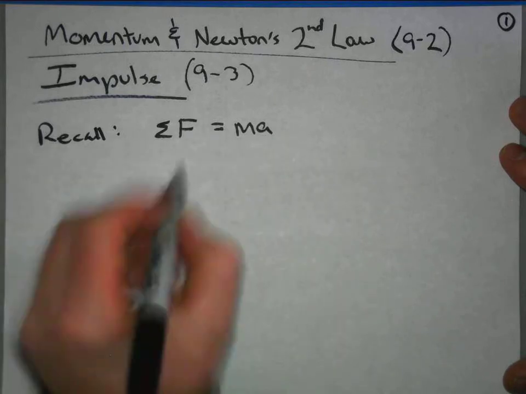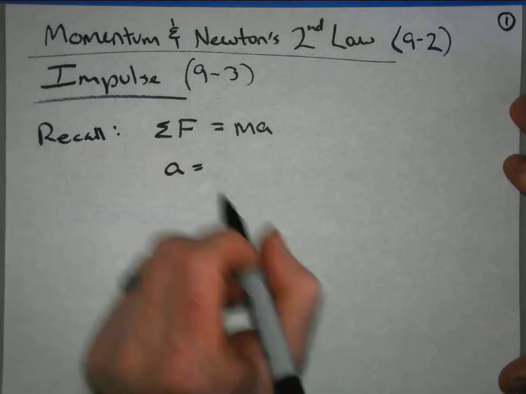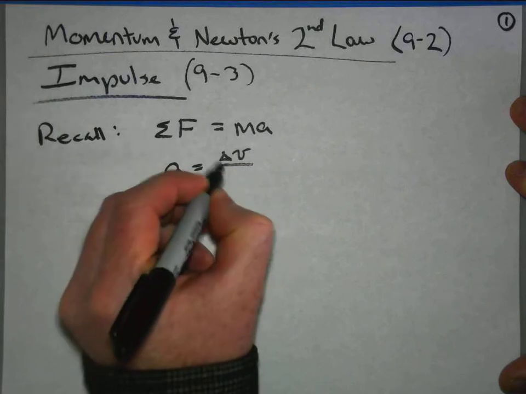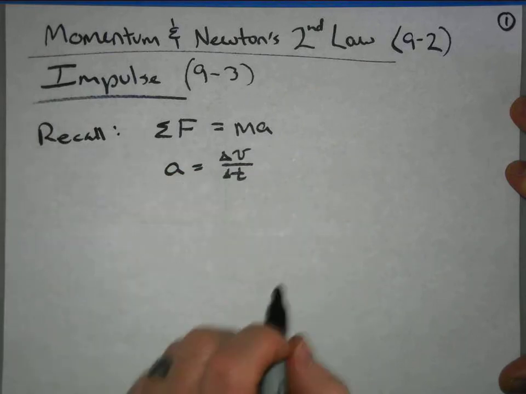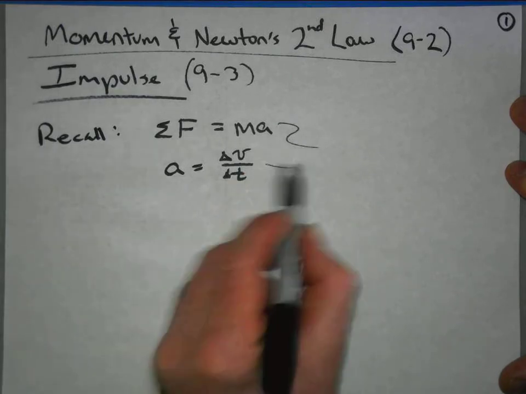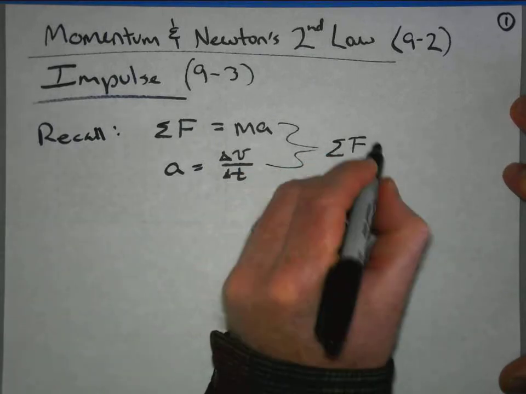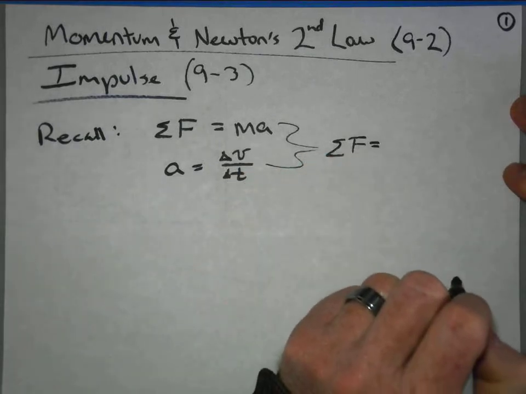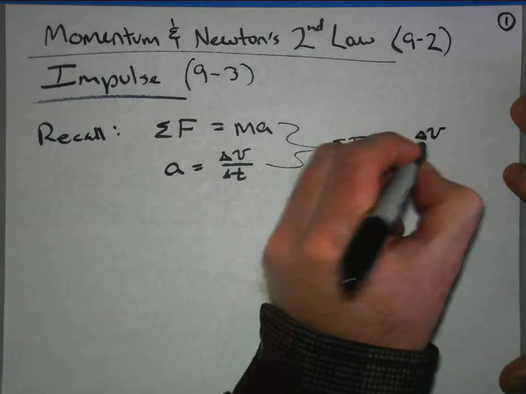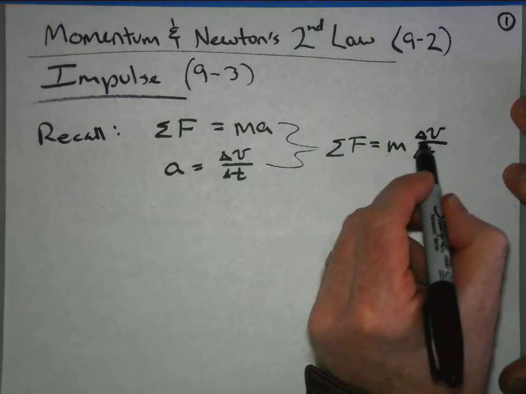Now, we also have a relationship about acceleration being the change in velocity divided by the time interval in which that change takes place. So we could combine these two things and say that the net force acting on an object is going to be equal to a mass multiplied by the change in velocity divided by a change in time, a time interval, right?